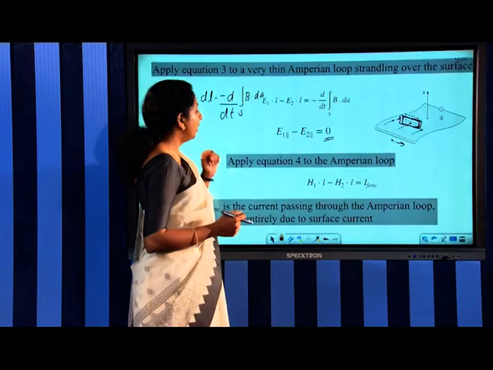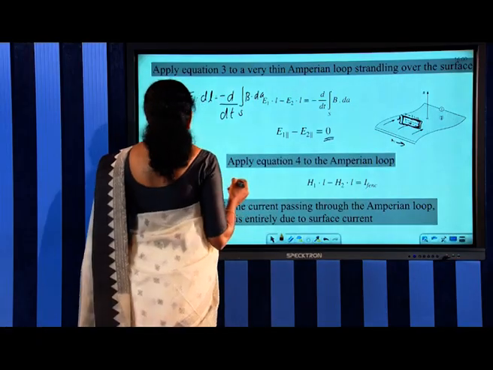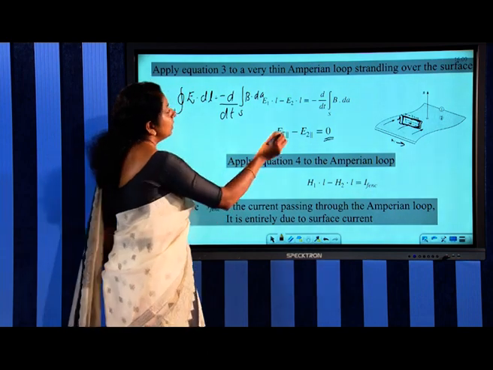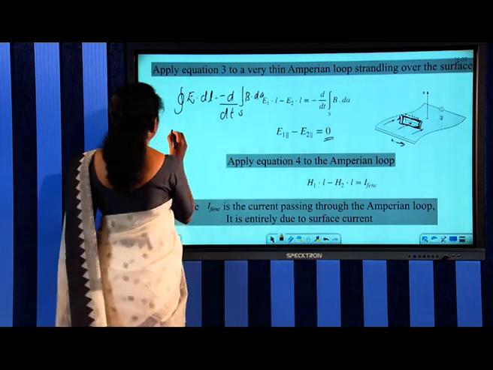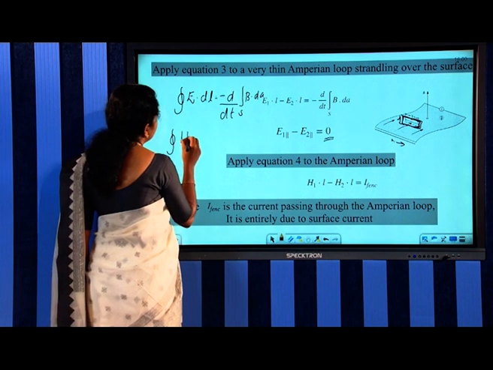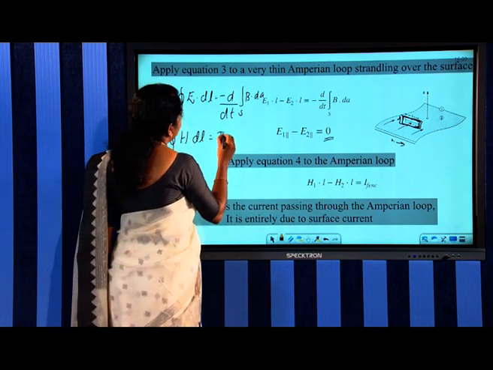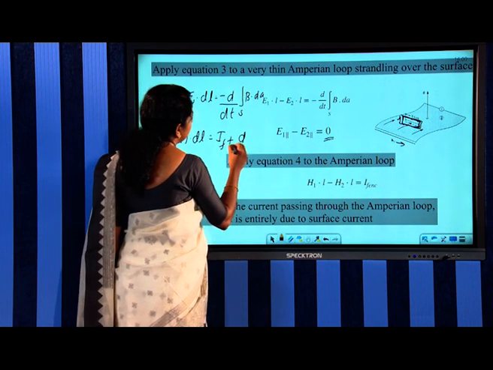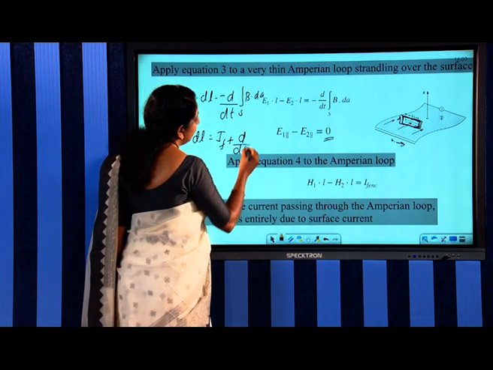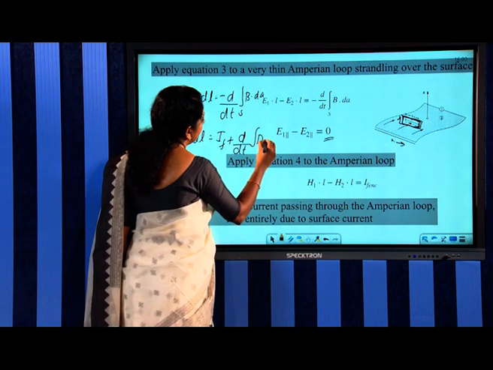Next we can apply equation 4, that is modified Ampere's law, to this Amperian loop, that is given by integral H dot dl is equal to I_f enclosed plus d by dt of integral D dot dA.